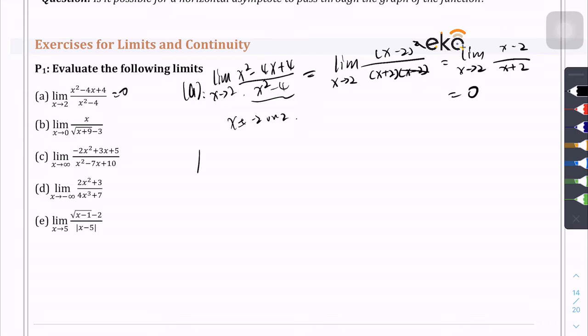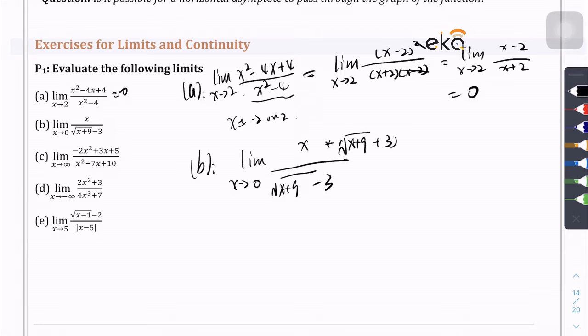And b: the limit as x approaches 0 of (square root of x plus 9, minus 3) over x. Here's a square root. For this kind of problem, the first thing we need to do is take the square root out of the denominator. So we multiply by square root of x plus 9 plus 3 on the denominator and the numerator.